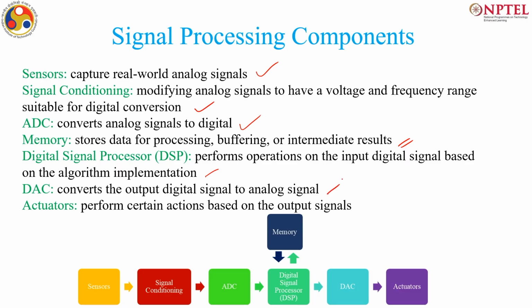Then digital to analog conversion. Finally, the output of the signal processor will be a digital signal y of n, and that needs to be converted to analog for reuse, but this is an optional part, though many signal processing systems have digital to analog converters.